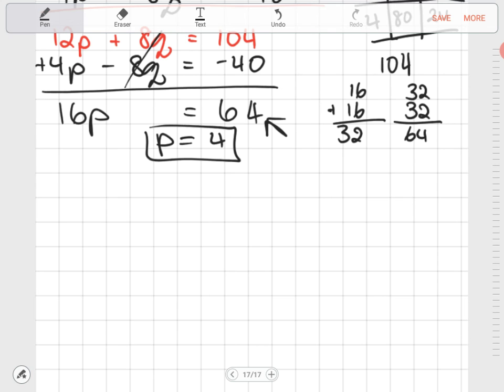Right, let's substitute that back into one of the equations. I am going to choose that very first one. So I'm going to choose 3p plus 2q is equal to 26. And I am replacing p with 4.